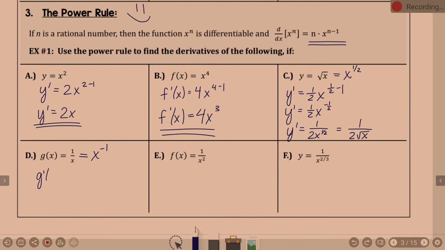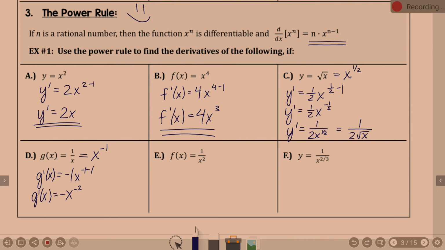So g prime of x, the rough draft is move the negative 1 out front, negative 1x, subtract 1 from the power, and it's negative 2. So g prime of x is negative x to the negative 2.